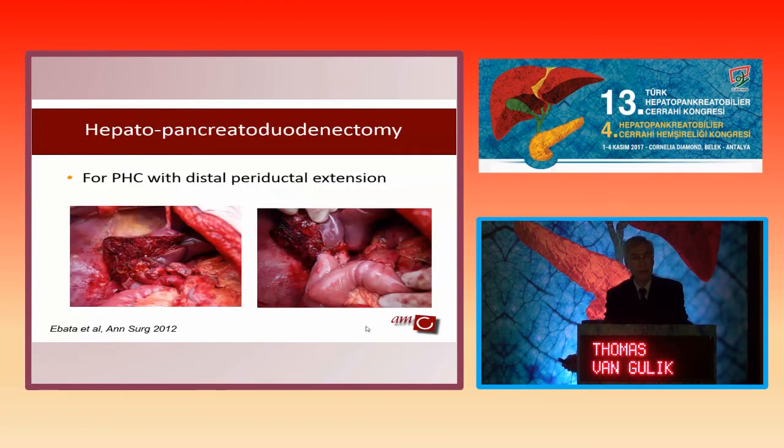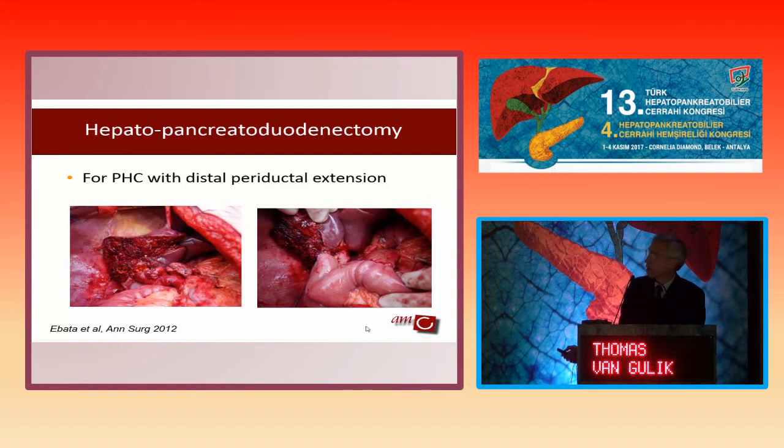And sometimes you have these perihilar cholangiocarcinomas which extend along the bile ducts into the part of the bile duct which resides in the pancreas. And then you have to do a combination of a liver resection and a pancreatoduodenectomy, and that is called a hepatopancreatoduodenectomy.